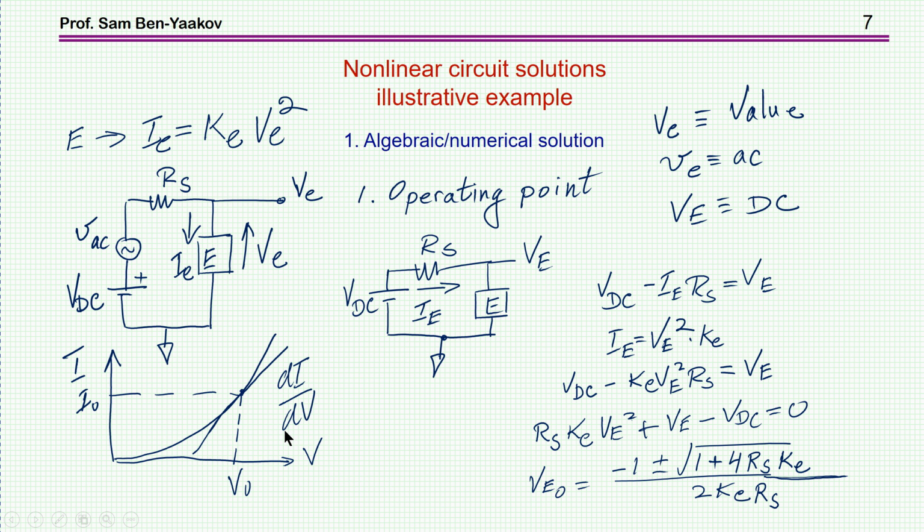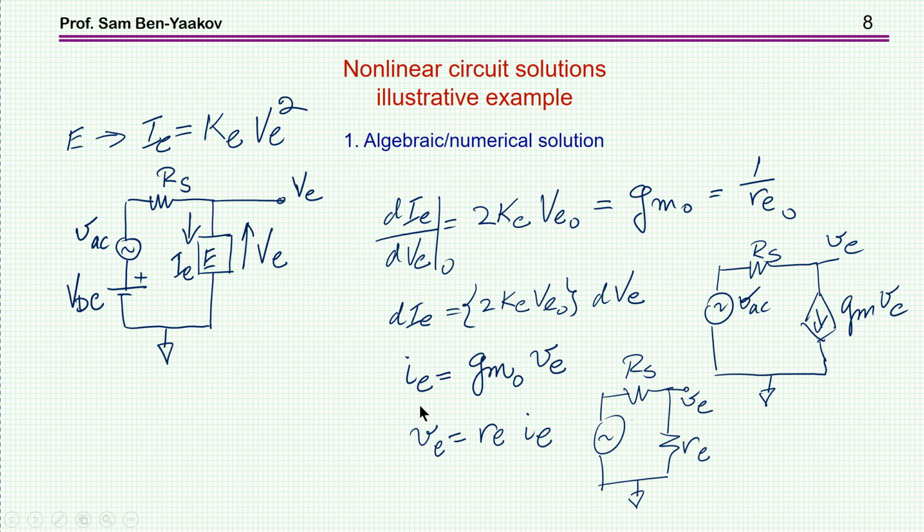So the next thing to do now is to take the derivative here in order to get the slope here. And for that, we have to take the derivative of this function, which turns out to be this value, 2 times Ke times Ve. And this is in fact, because this is a ratio between changes in current over voltage, this is in fact Gm, or 1 over Re.